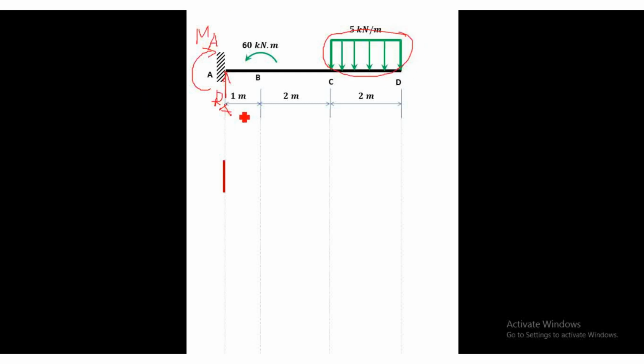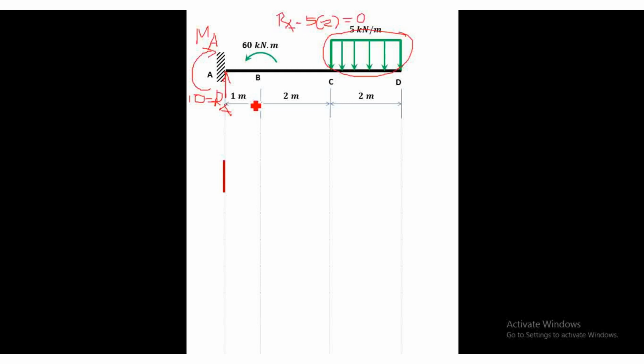Again, paano kukunin si RA? That is equal to, since pataas si RA, positive, minus, yung area nitong distributed load na to, that is 5 times 2, that is equal to 0.